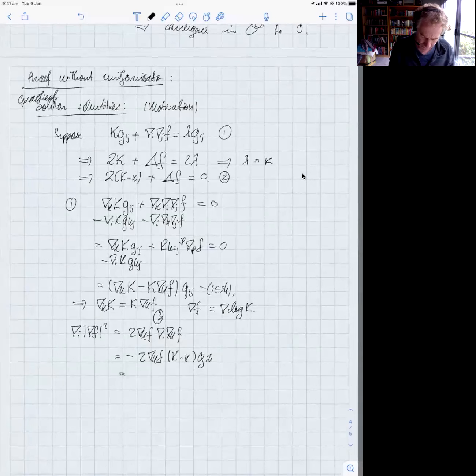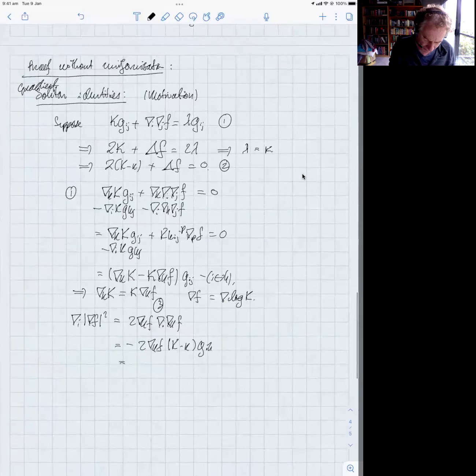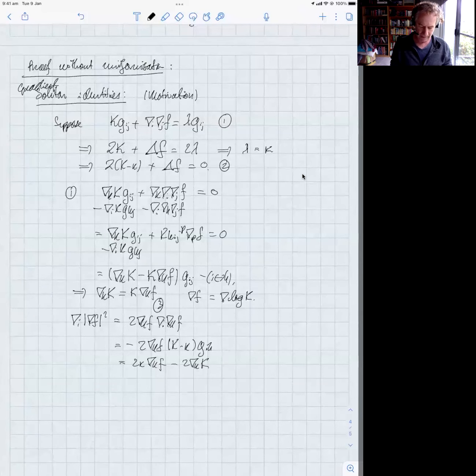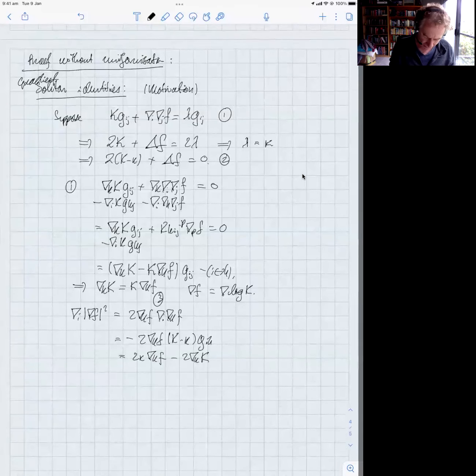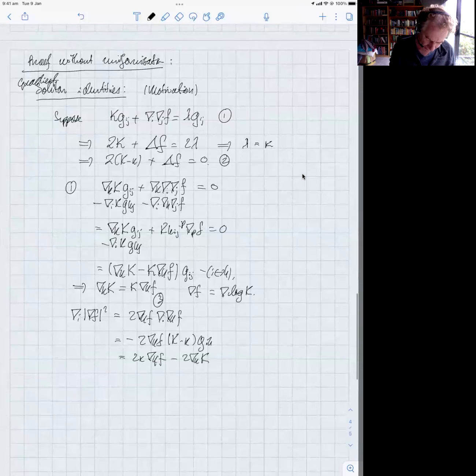So I get one term which is 2 kappa gradient f, and the other term, which is k times gradient f, I can replace by gradient k. This is i, sorry, g_ik, that means these are i's.